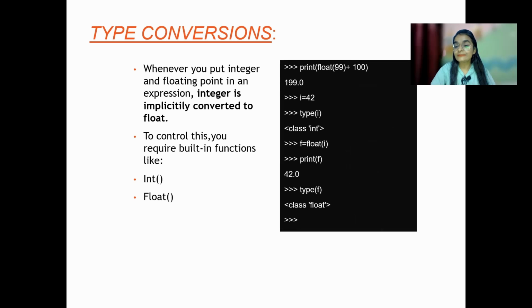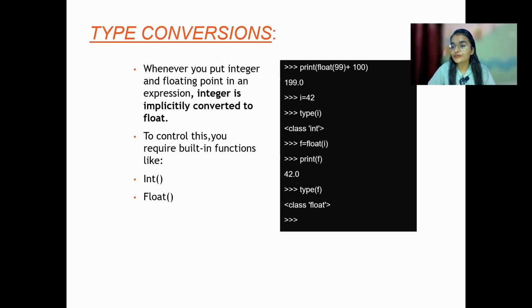So as you can see on my screen, let's take an example to get a more clear idea about what I am trying to say. Here we are printing float 99 plus 100. So in float 99, Python will automatically convert 99 to a floating point number, that is nothing but 99.0.